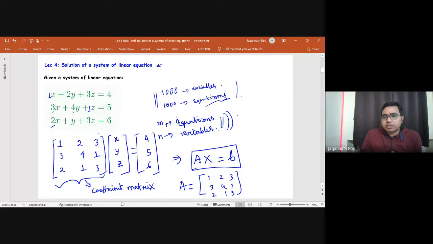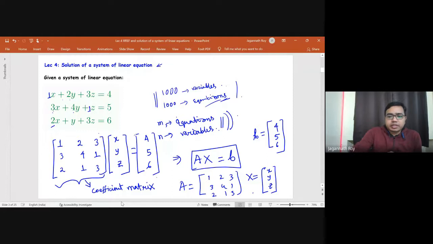And the X matrix is the unknown vector, that is x, y and z. And B is the right hand side vector, that is 4, 5 and 6. So this system can also be written in this form.